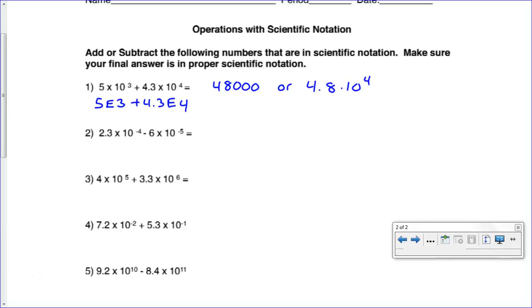For number 2, that's 2.3, and then you use the EE key, E negative 4. All right, and then we have minus here, 6E negative 5.